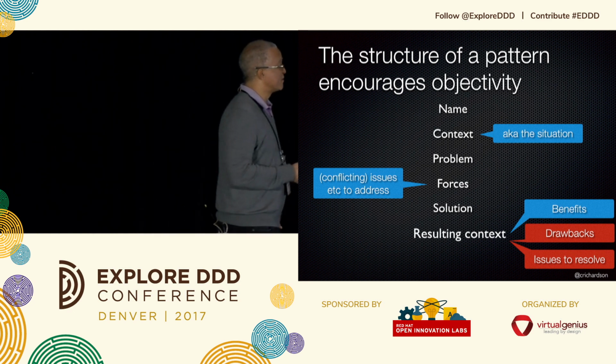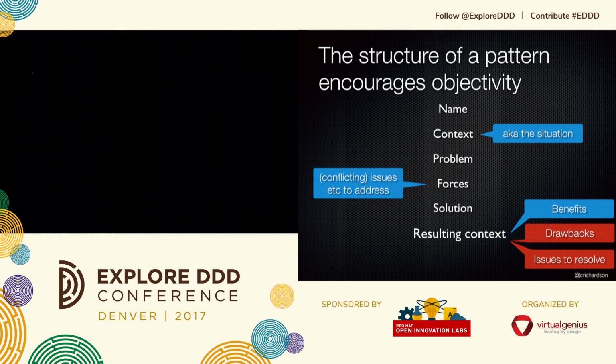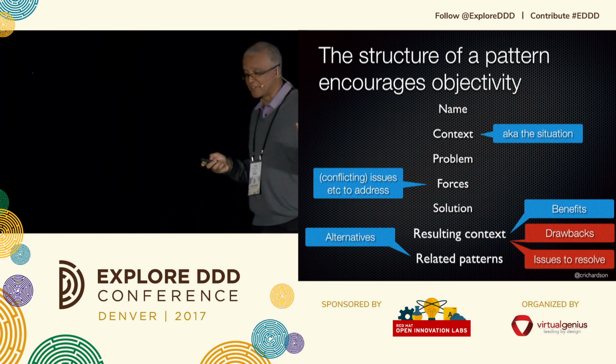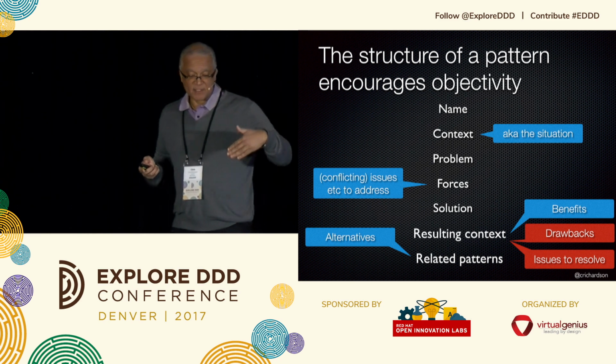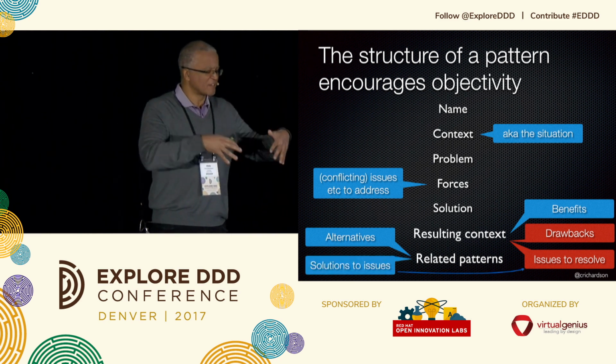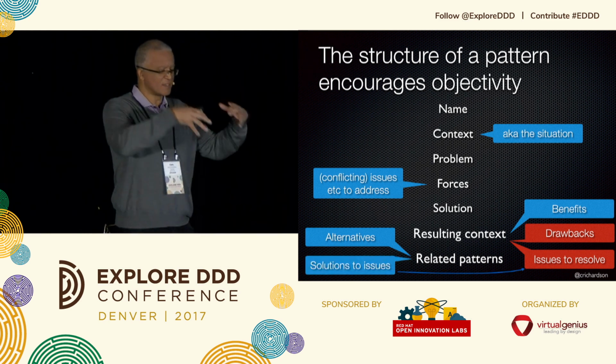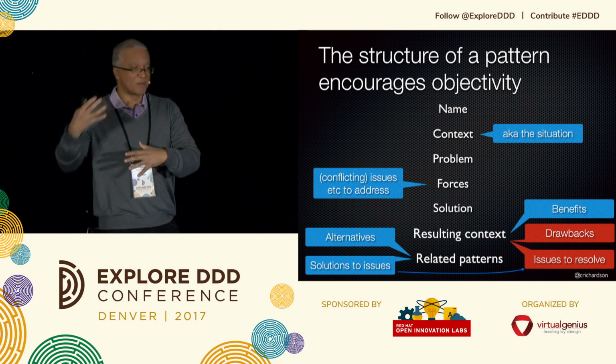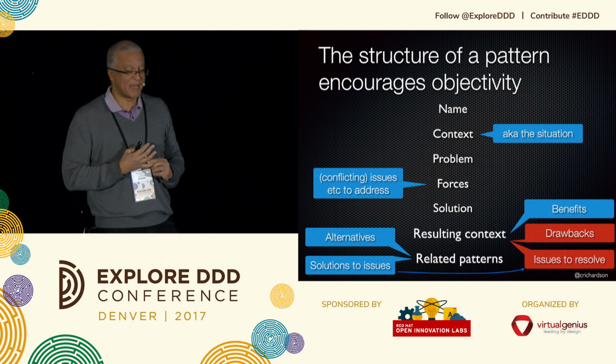And then there's the related patterns section. That describes the alternative solutions, which in the case of the microservice architecture would be the monolithic architecture. And then there are also the patterns that solve the issues that were introduced by applying this pattern.